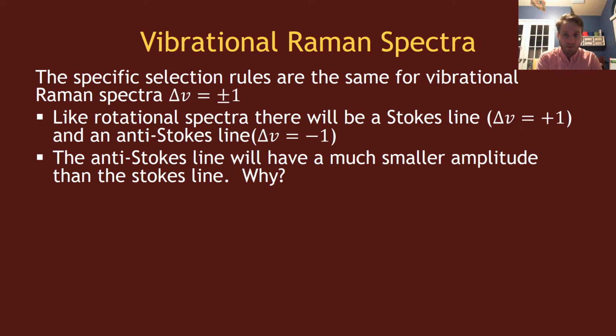The specific selection rules for Raman spectra are going to be the exact same: delta V is plus or minus 1. There will be a Stokes line at delta V plus 1 and an anti-Stokes line at delta V minus 1.